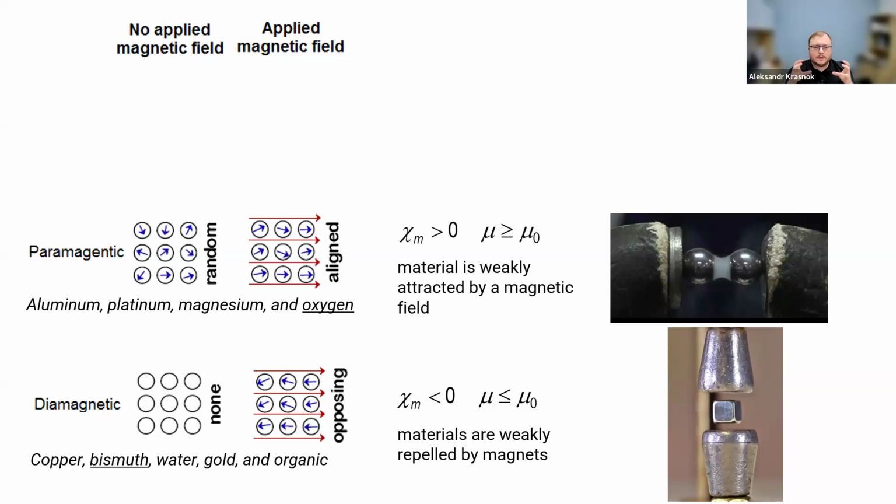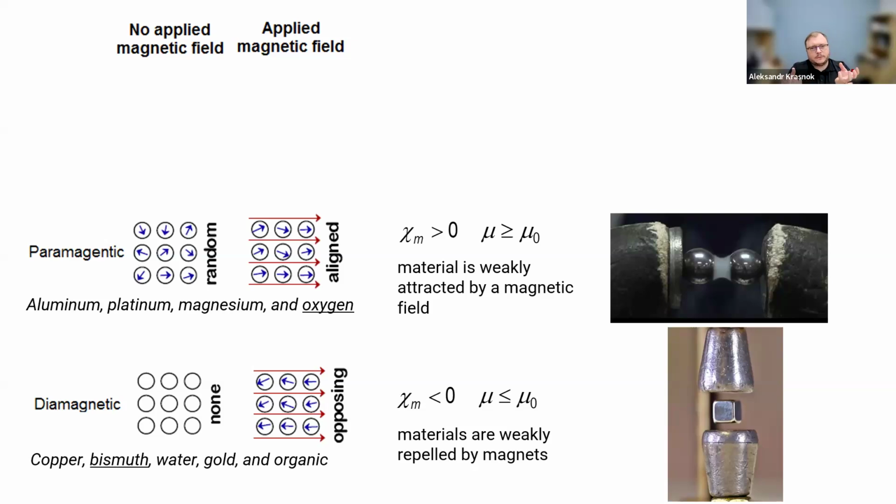So it can form such a bridge between two poles of a magnet. And this is what you see here: the small bridge of liquid oxygen between two poles of a magnet. So this is kind of a funny fact.